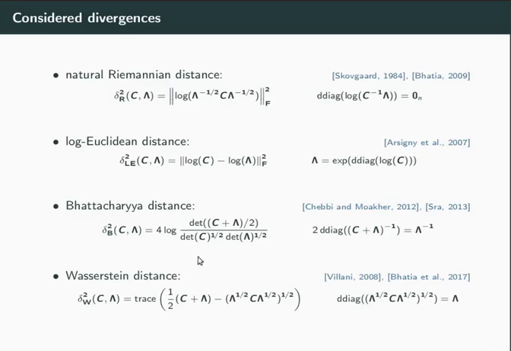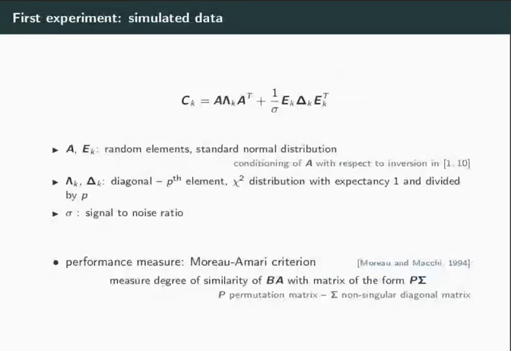And finally, the last distance we considered is the Wasserstein one, which is closely related to optimal transport, and which has attracted some attention lately. So from there I will show you directly some numerical experiments.